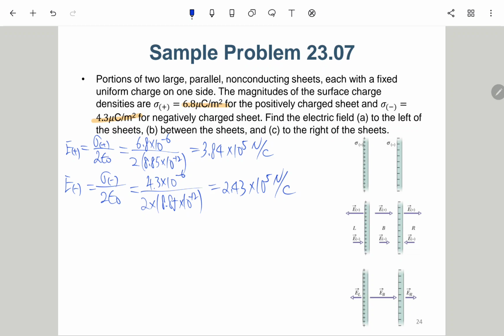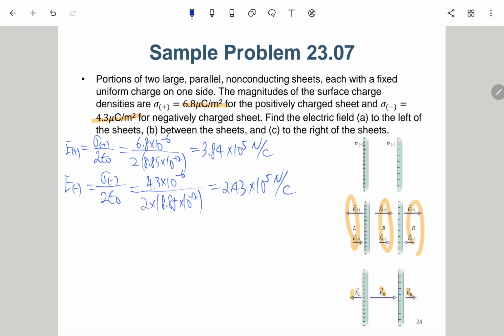Here we would like to find the total E field on the left side, between, and on the right side. It is nothing but adding these together, but for the 3 parts, the direction of the E field is somehow different.